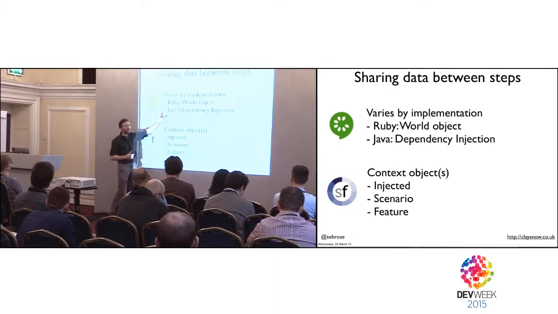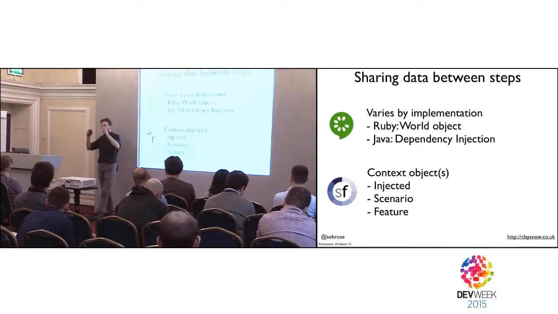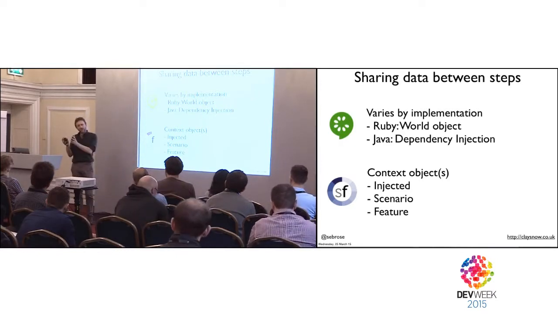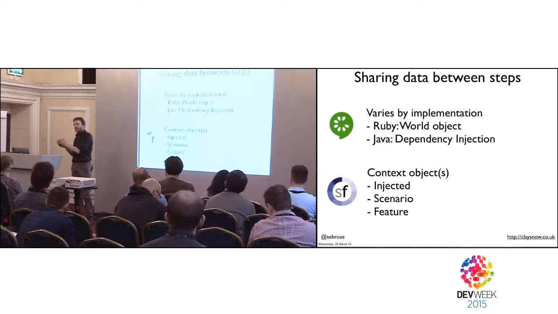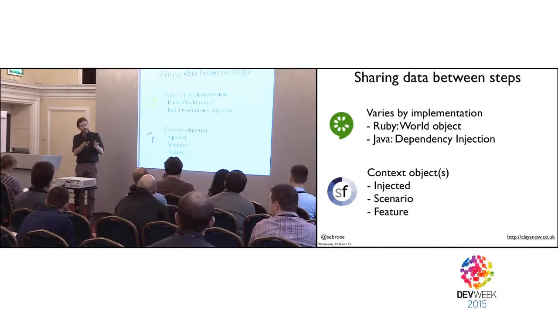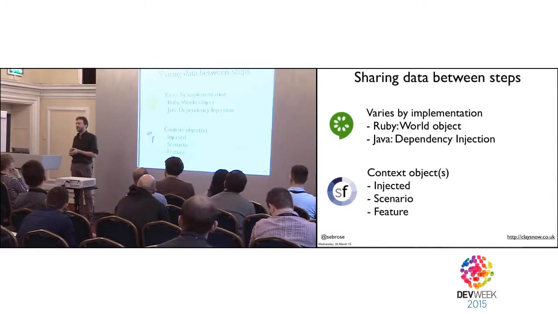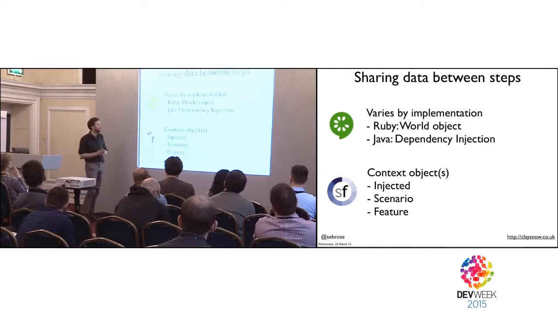But because we're using dependency injection, we can break it down. We don't have one massive world object. We can have separate context objects that deal with separate concerns. And so if your step definition doesn't need to know anything about the login details, well, you just don't ask that to be injected. So you can get much better, much more focused, much more encapsulated step definitions that don't know too many things.